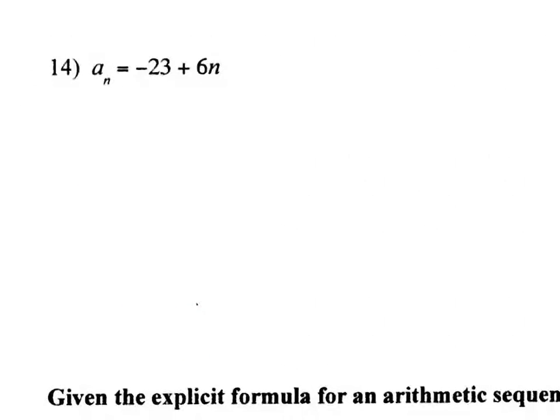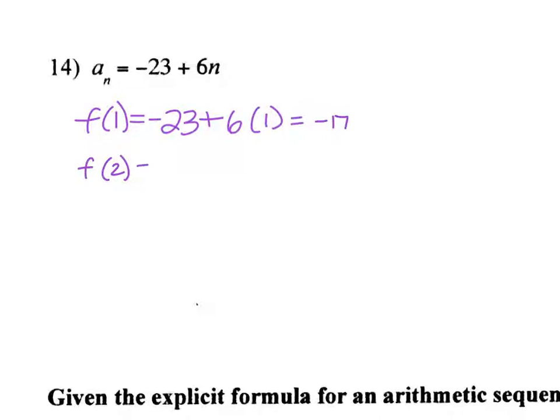All right, these are explicit equations, which are a little bit easier to deal with because I can plug straight in. So if I want to find f of 1, all I do is plug 1 in for the variable. So negative 23 plus 6 is going to give me negative 17. F of 2 is going to be negative 23 plus 6 times 2. That's negative 23 plus 12, which is going to give me negative 11.